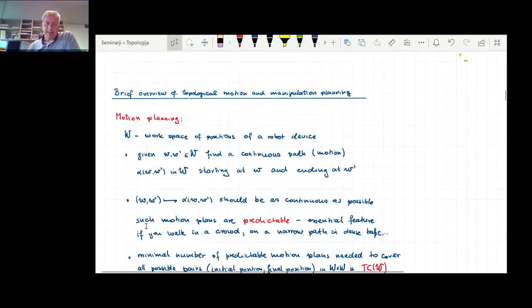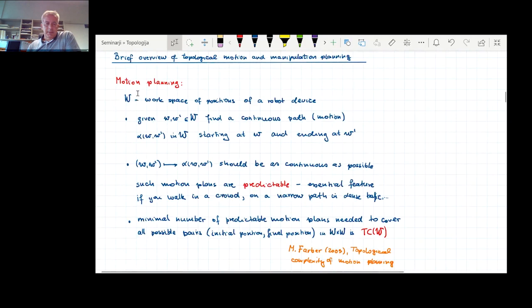Let me just start again. I think that most of you know a little bit, at least a little bit, about topological motion planning and complexity and manipulation planning, but still let me introduce just some main notation and terminology.